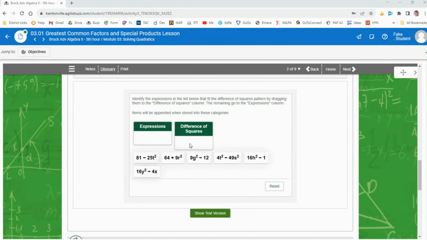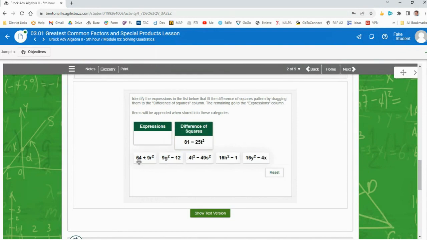Is that a difference of squares or is that just an expression? All right, so 81 is 9 squared. 25t squared is 5t squared, since 5t times 5t is 25t squared. So yes, this is a difference of squares.